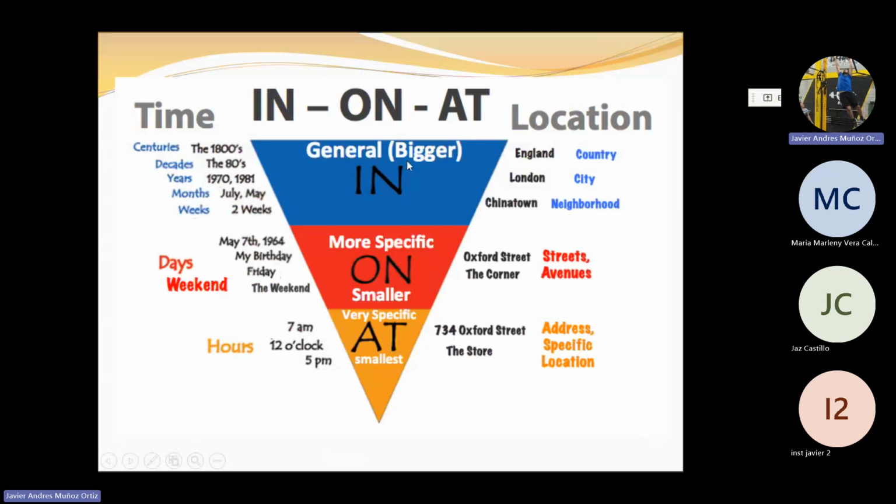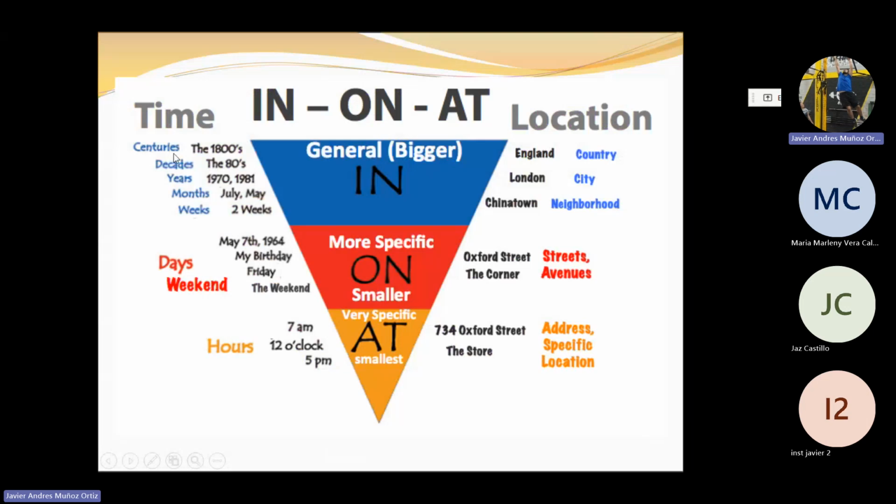Think of it this way: we're going to use in when we see the big picture, something general, a big space of time, a big space of distance in terms of surface. We are going to use at when we are talking about something very specific in terms of time or location.